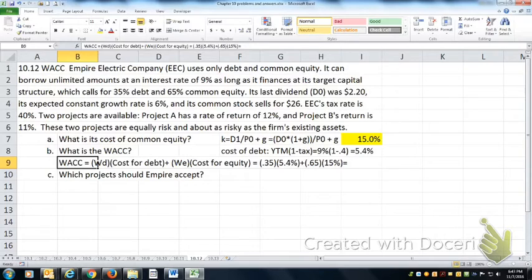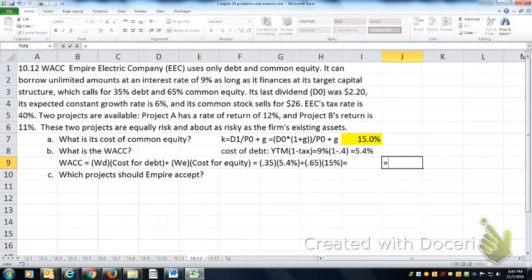I calculated it here, and that gives me a cost of capital of 11.62%.